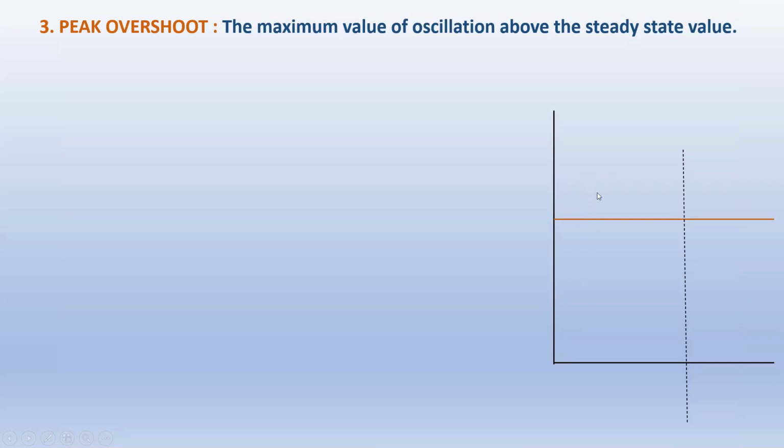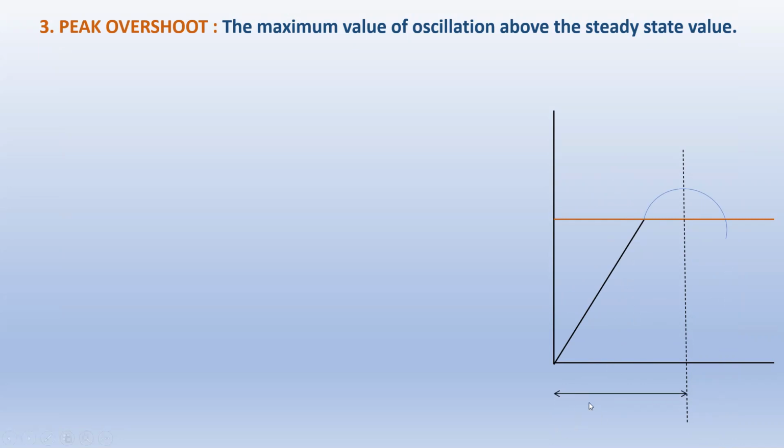It is going to some higher value and coming back to lower values, and it is kind of oscillating about this steady state value and reaching this steady state value at infinite amount of time. But we don't require that. We don't require much higher values than the steady state value. This will lead to instability of the system. So the more the peak overshoot is, the more unstable the system is. So this is how the system behaves.